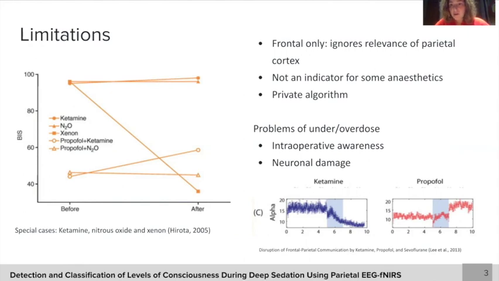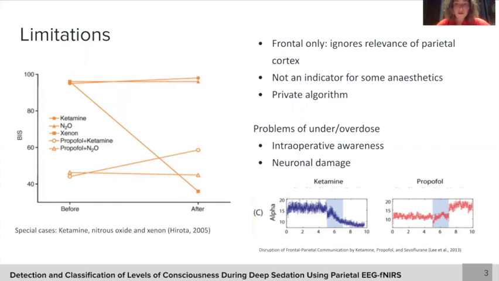And the problem with all of this is that there's not very good accuracy for the levels of consciousness, and this can have the consequence of an under or overdose of anesthetics. This is problematic because an underdose of anesthetics can result in intraoperative awareness, which means the person wakes up during their surgery without the clinicians noticing, and this can be a very traumatic experience.